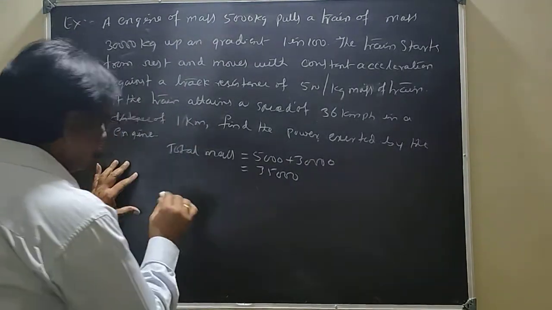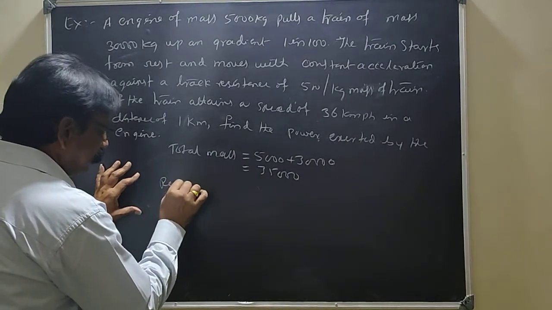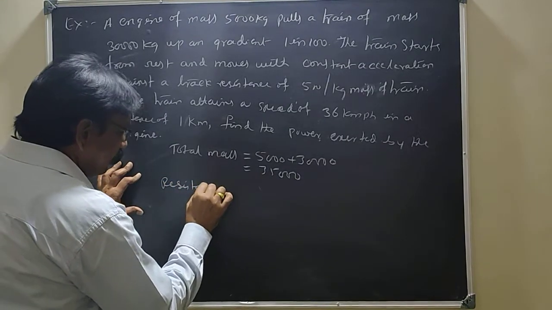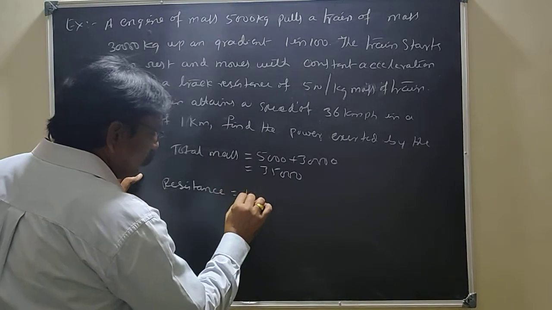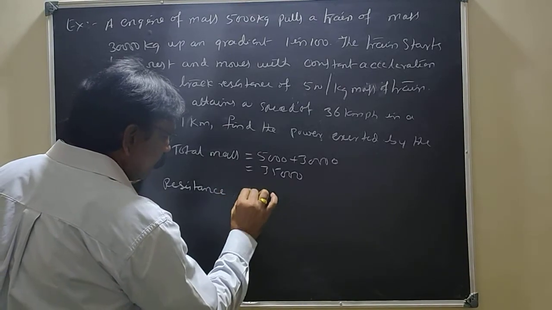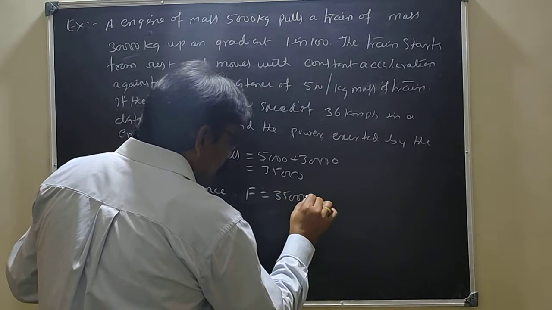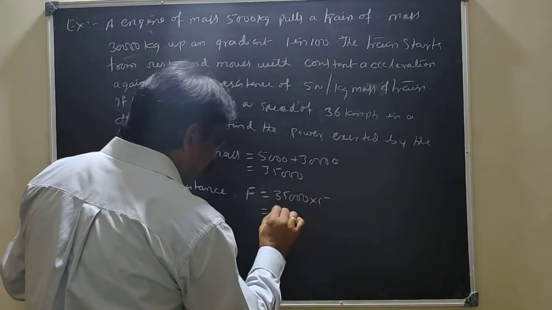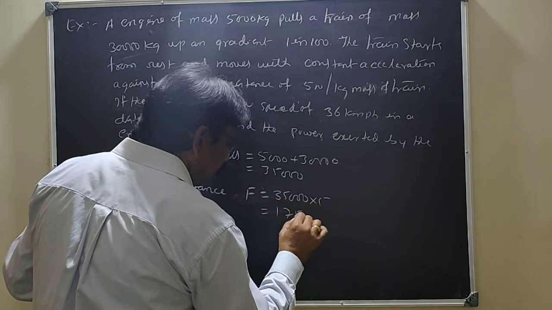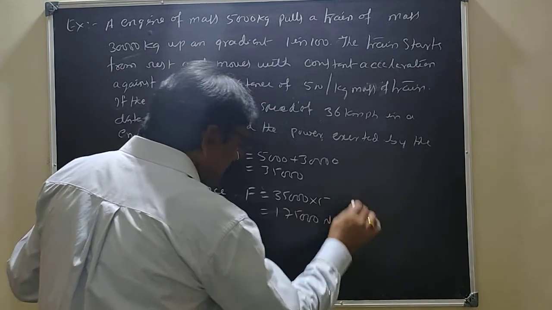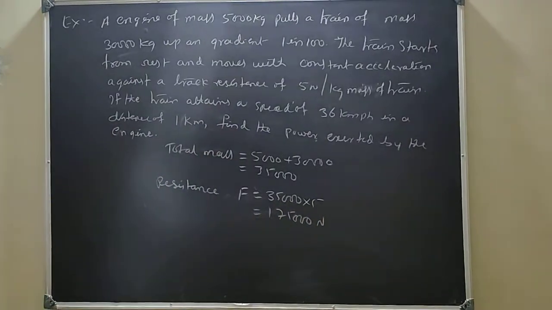And then corresponding to this, the resistance developed due to the track. So resistance, that is F, is equal to 35,000 multiplied by 5, that will be equal to 1,75,000 Newton is the resistance developed.